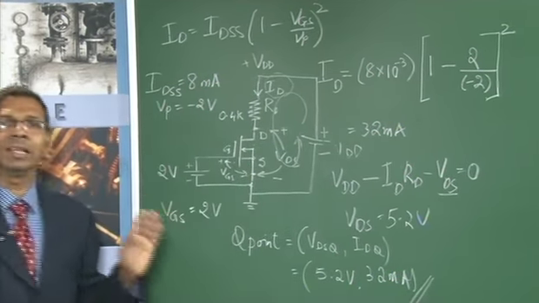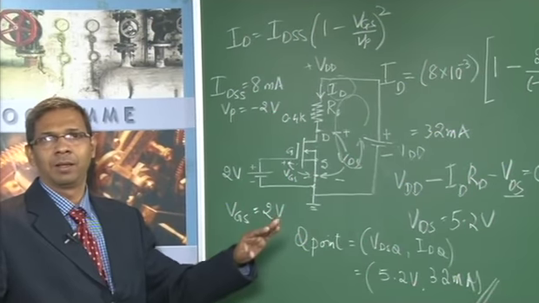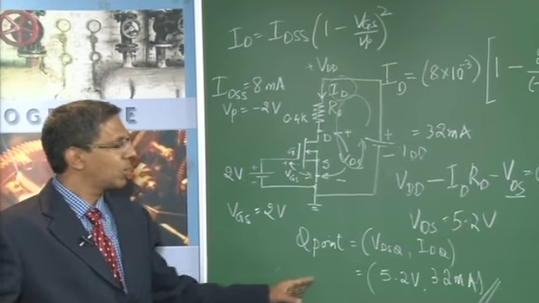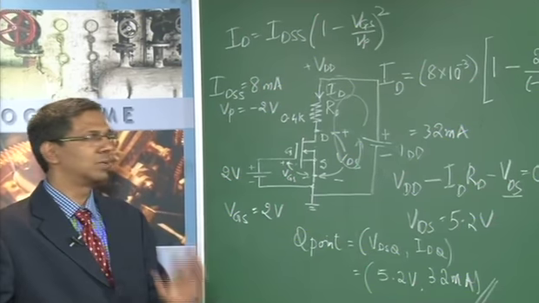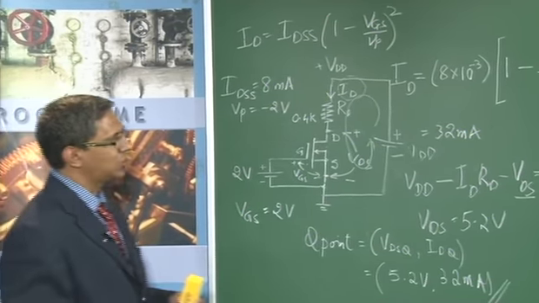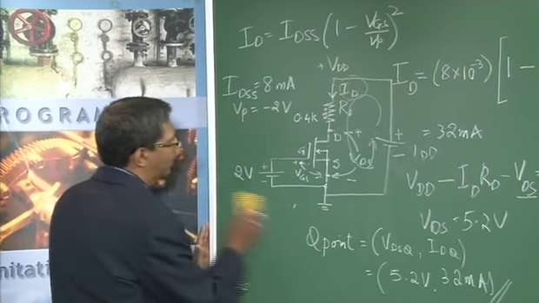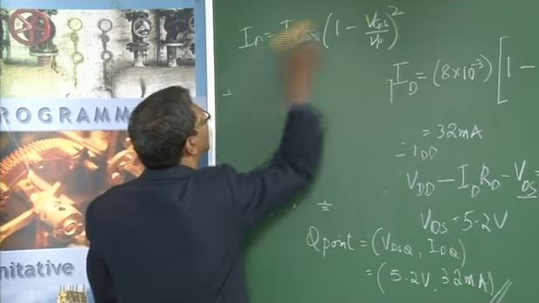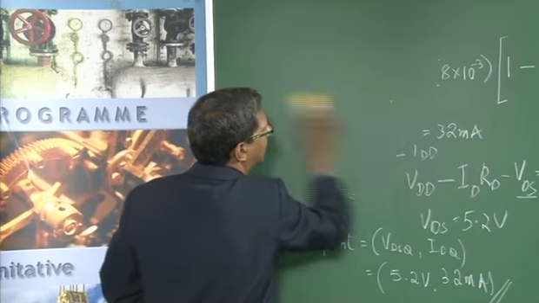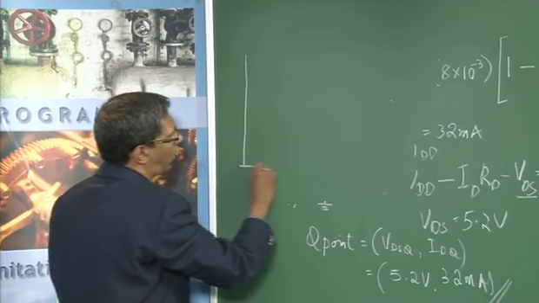So this essentially is how to find the operating point for this circuit. So if I were to draw this on a plot of VDS versus ID, what would I do? Okay, so essentially I'm going to show this here on this side. So this is going to be the plot.